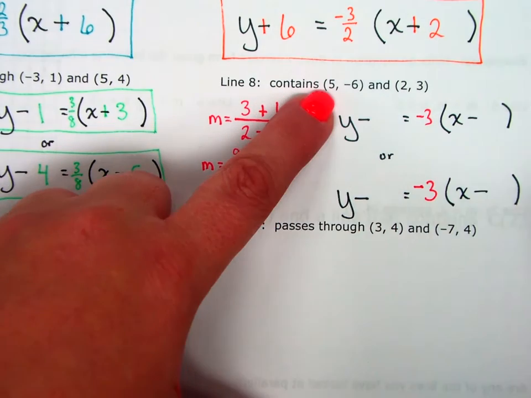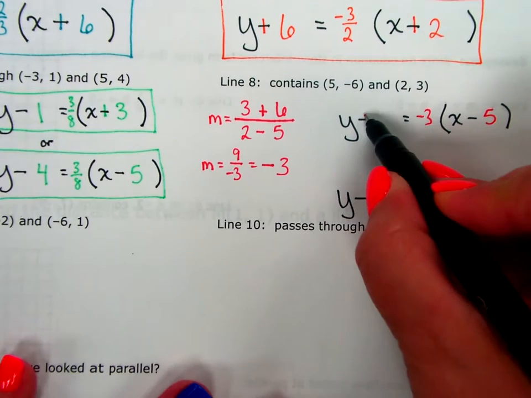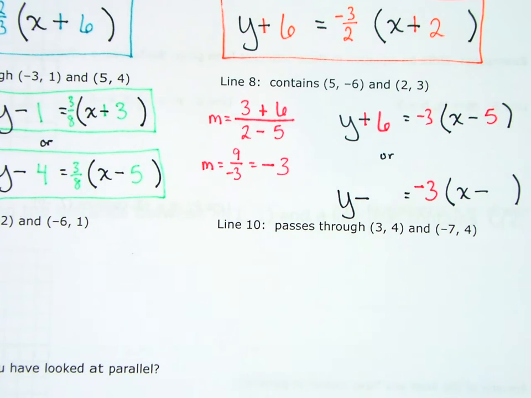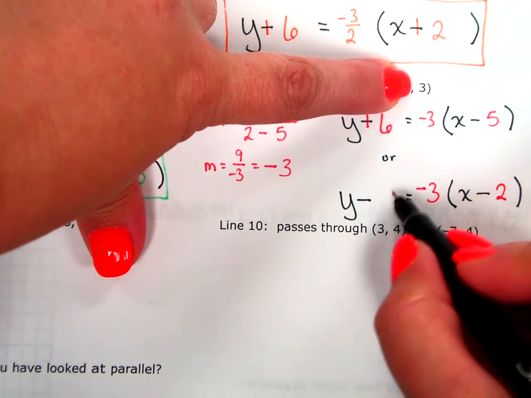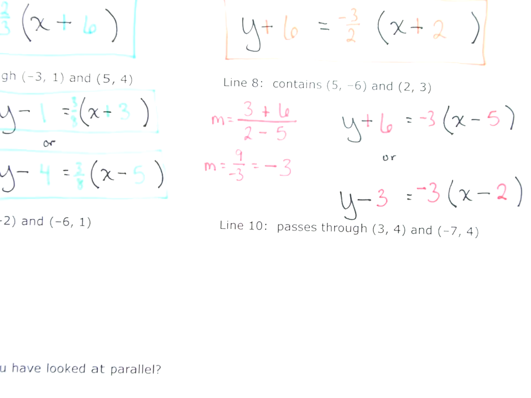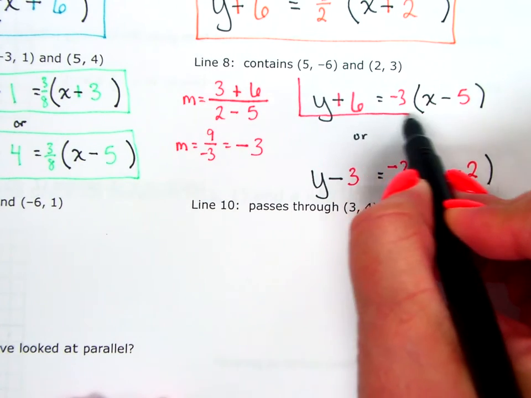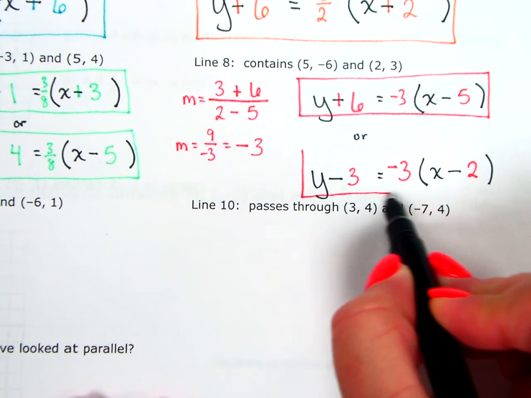If I use my first point, the x is 5, the y is negative 6. So when I put it in, I'm going to go negative 6. I'm going to take care of that double negative right away. And then my second one, the x is 2. X goes with x, the y goes with y. So these are my two equations. On an assignment, I'd only have to put one and it would be counted correct.